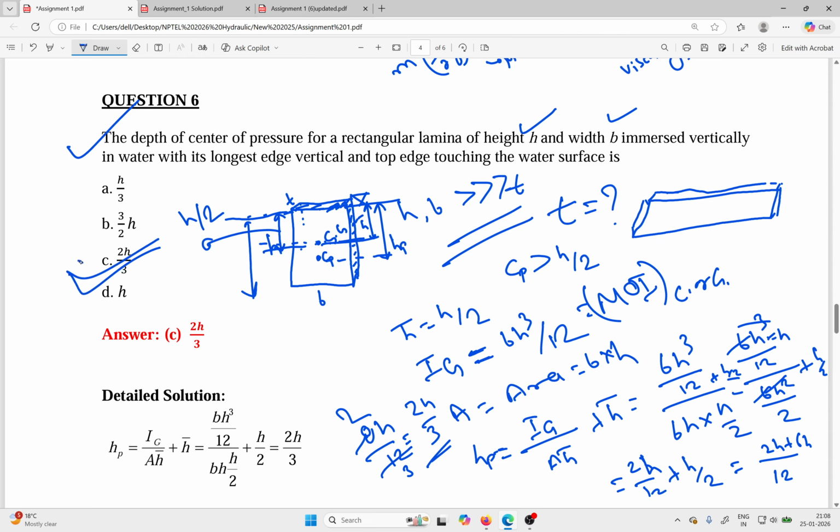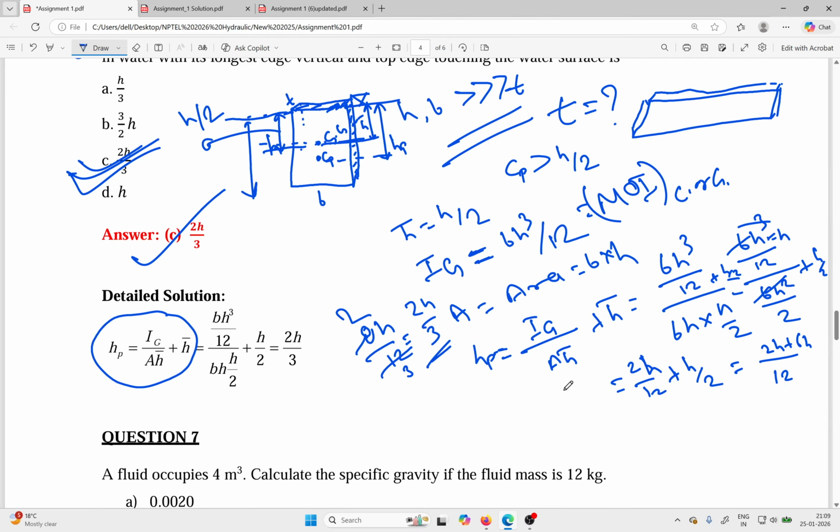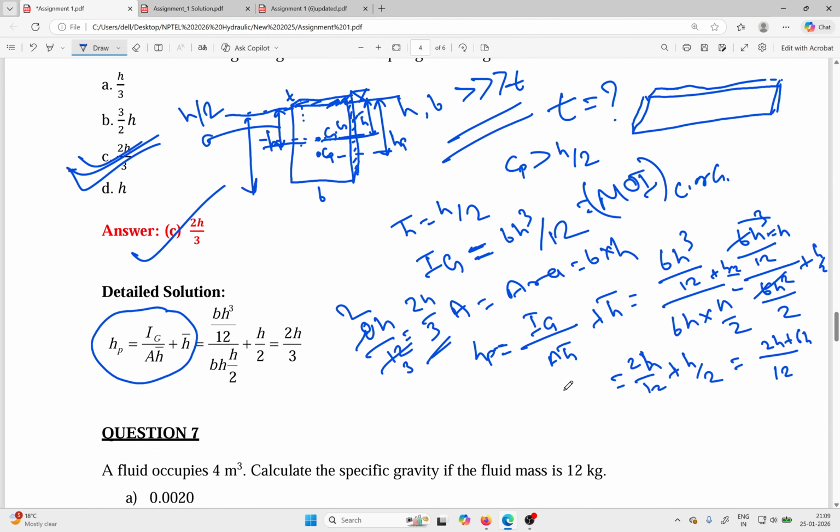So option C will be correct for question number 6. Very important, this formula is very, very important. You can apply this formula for a rectangle or triangle also. How?